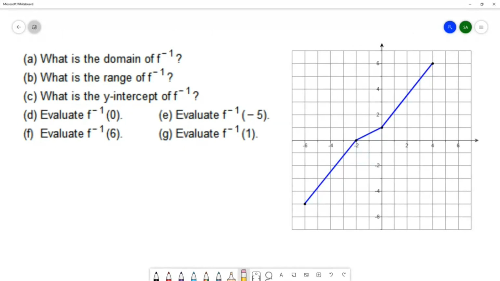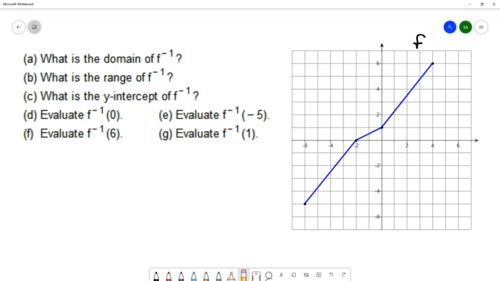In this question, we're given a graph of a function that we're going to call f. And we're asked a bunch of questions related to the inverse of this function. So the first question that we're asked is, what is the domain of f inverse?